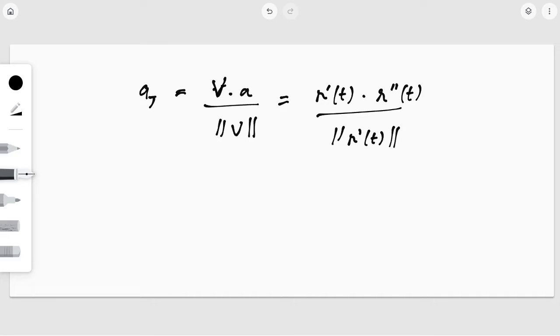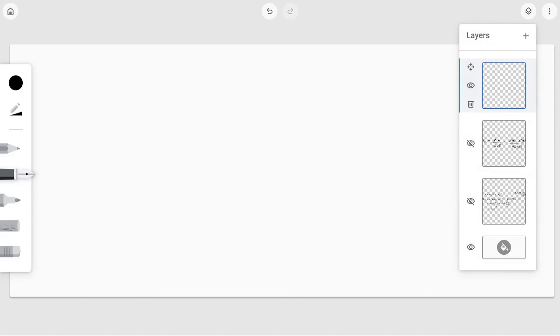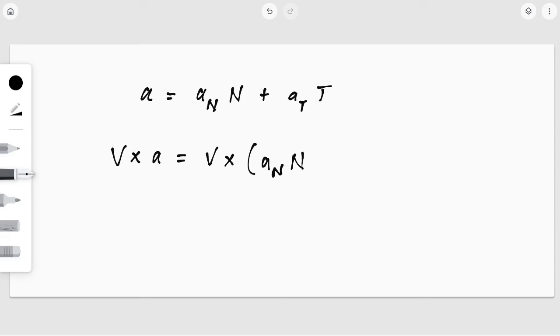I hope it's clear. Now next, we are going to again consider the acceleration, that is A equal to a_N into n plus a_T into t, and we are going to take the cross product of the velocity vector and the acceleration vector. So that will be V cross a_N n plus a_T t. Again we will substitute V equal to small v into t.